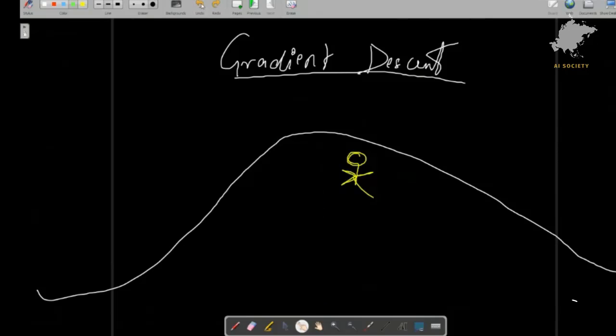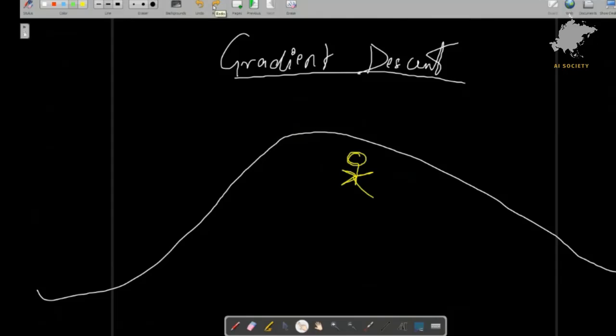So basically you started from here, went here, then here, then here. That is how you moved on your mountain from top to bottom. Let's understand the process in more detail. You are looking for the direction in which you can descend the most, and you move there.